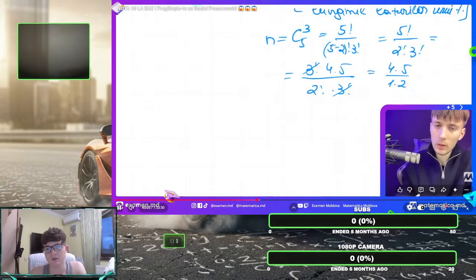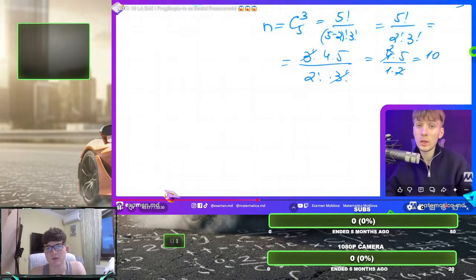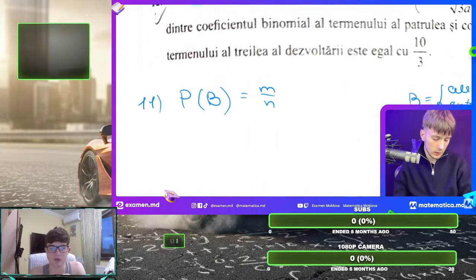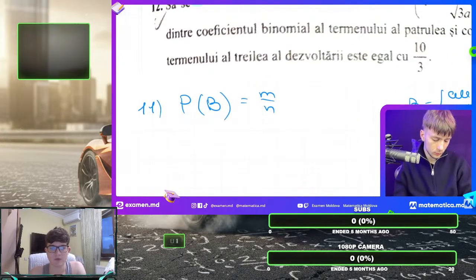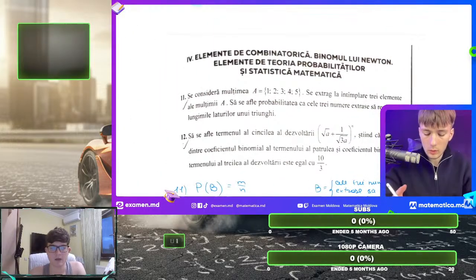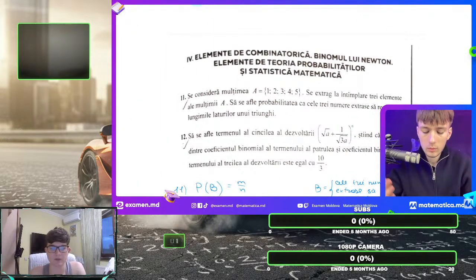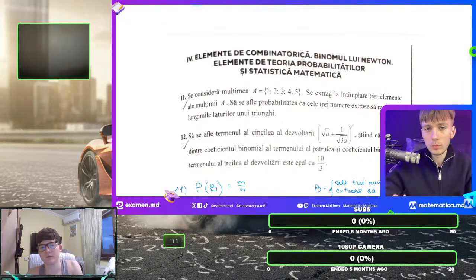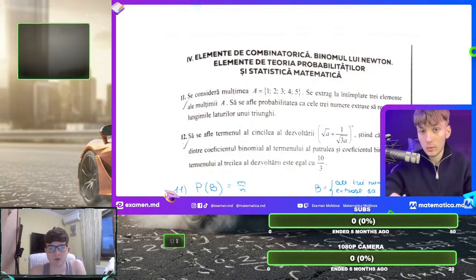So that's been right here. 10. He did mess up there. He said 5 minus 2 factorial. Actually should be 5 minus 3. But anyway, the result is how it should be. And we have N now. Now the M, I don't know how that is done. The N, I think I would be able to understand how it's done, but the M, I really don't know.